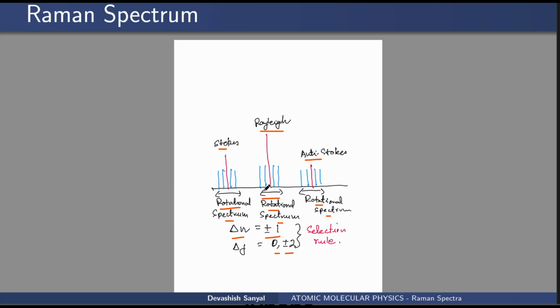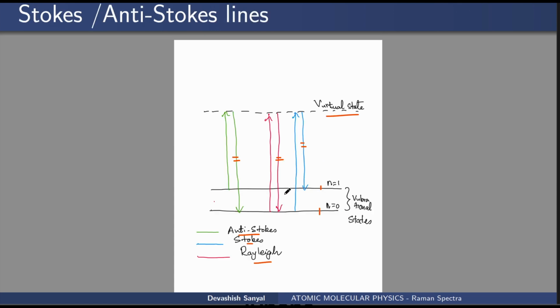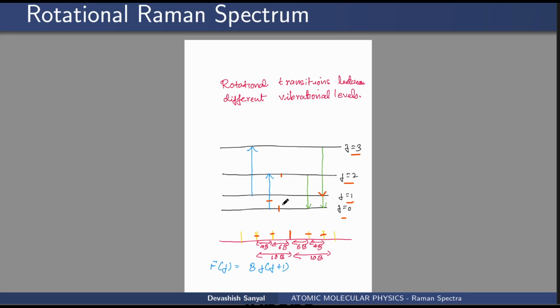So we talked about this spectrum. We can similarly talk about this spectrum also, or this spectrum. So in that case, what happens? These transitions are, say, J is equal to 0 belongs to one particular vibrational level, and J is equal to 2 belongs to another vibrational level.